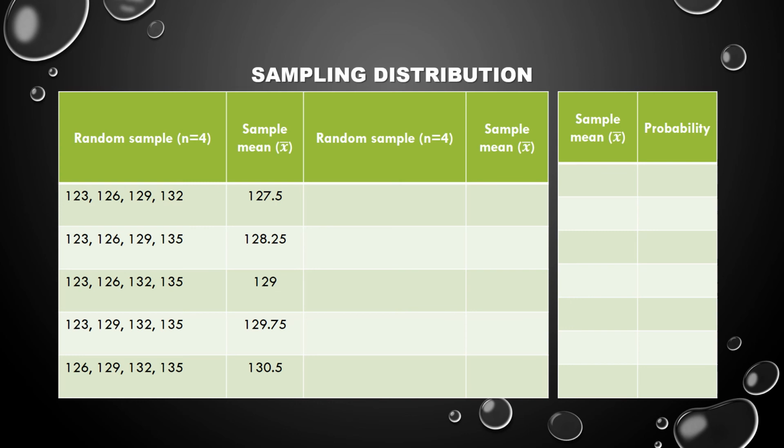We are arranging them from the smallest sample mean to the highest sample mean. So again, we are going to write our sampling distribution. We write 127.5 and then 128.25.